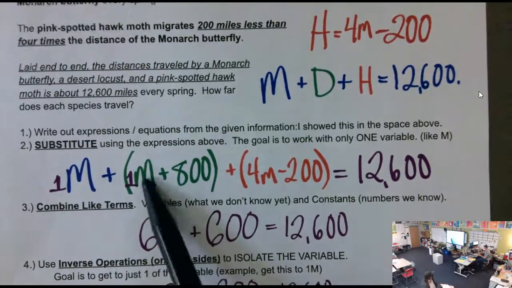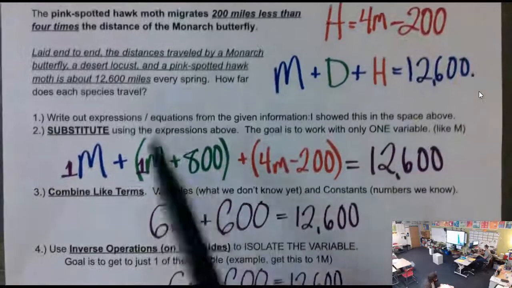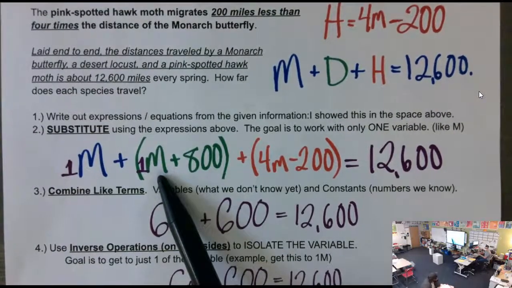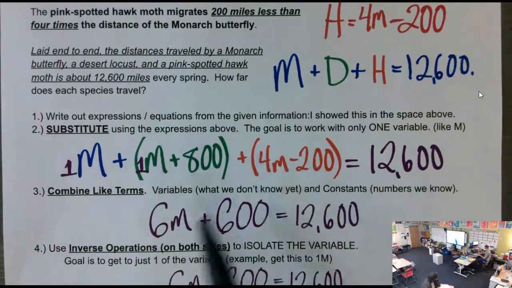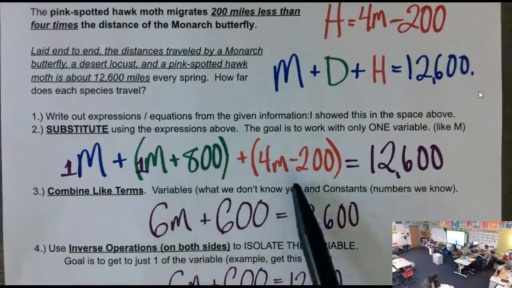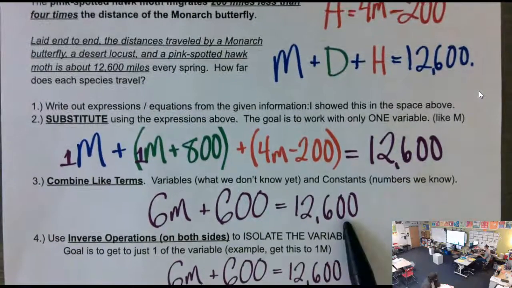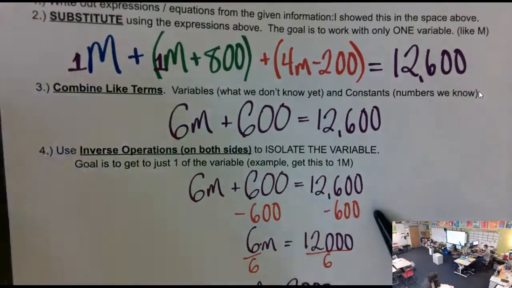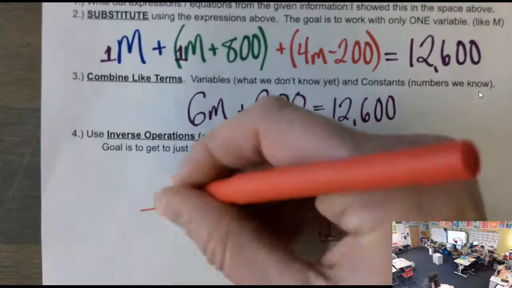We substituted what we had written down up here for the desert locust so that now we're using the variable M. Then we combined our like terms, 1M, 1M, and 4M's, a positive 800 and a negative 200, got 600, and the 12,600 comes down. Right here is the trap door that you might want to make a note of.